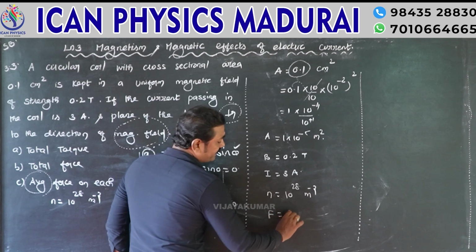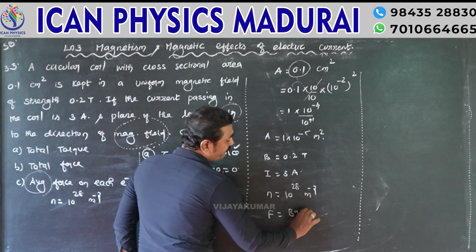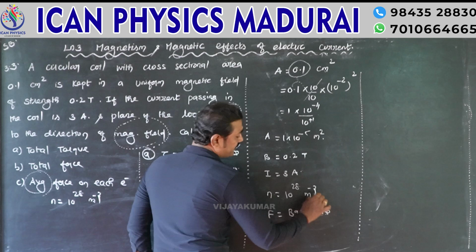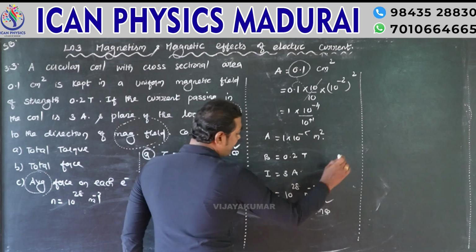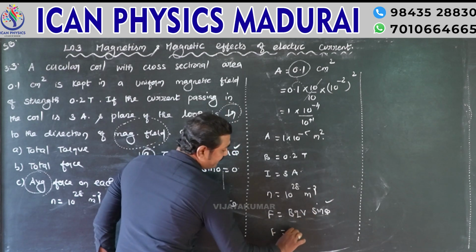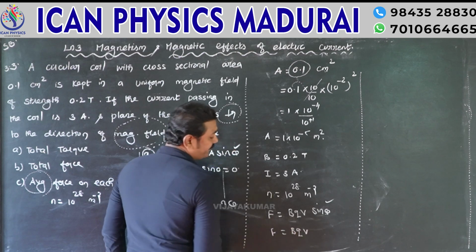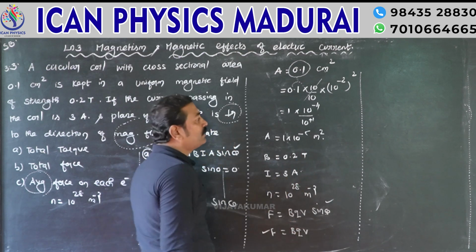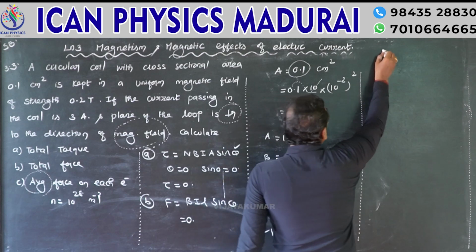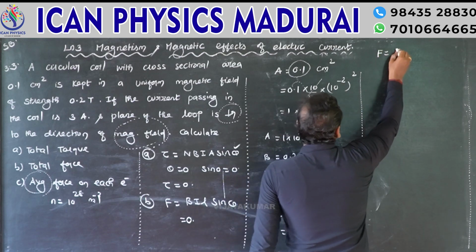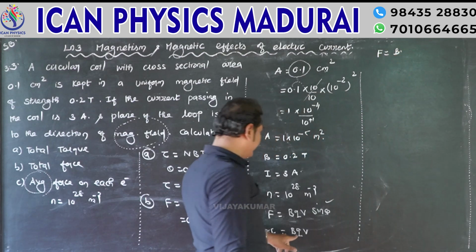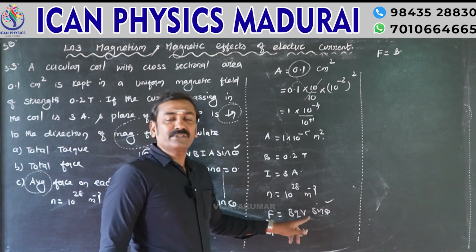So F equals B Q V sin theta. Now we can modify this one. So F equals B Q V. Once again, I am going to modify. How can we modify? F equals B into e Q. So what is Q? Q is a charge.